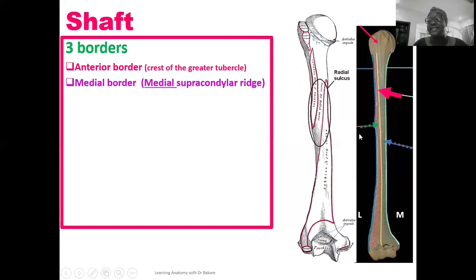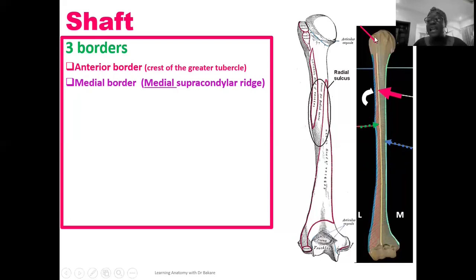And this is where we have the anterolateral surface. We already described the basis behind these surfaces in our previous slide. We said that the surface that is located medial to the anterior border is the anteromedial, while the surface that is located lateral to the anterior border is the anterolateral surface. And this is what is projected here in this image. While behind, we have the posterior surface. These are the surfaces created.